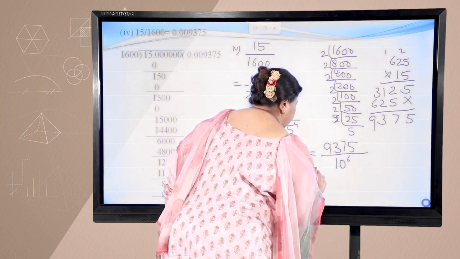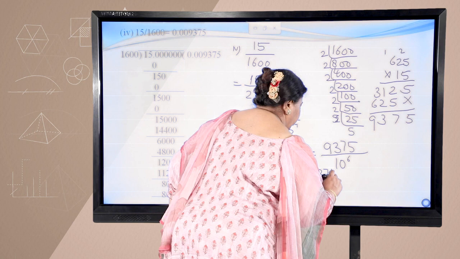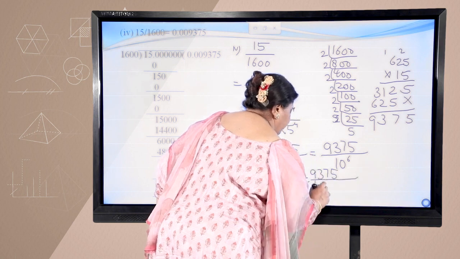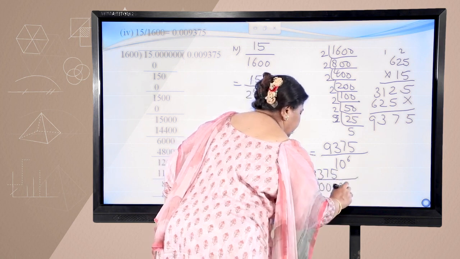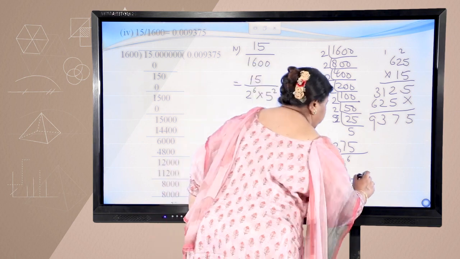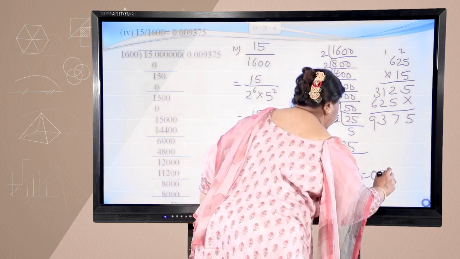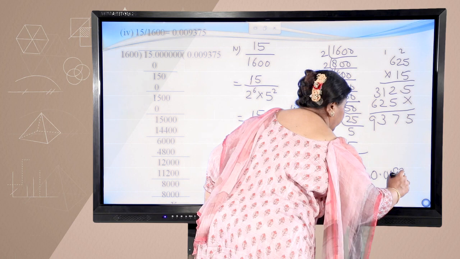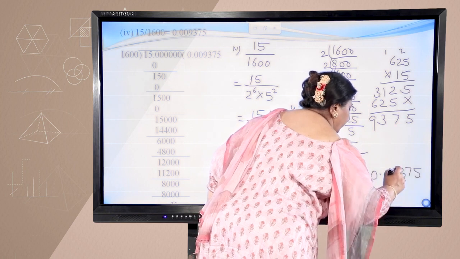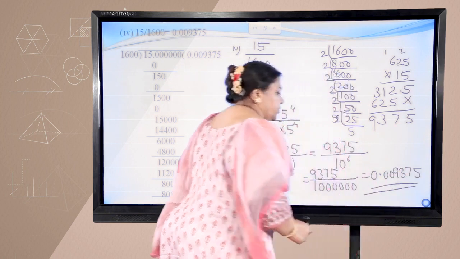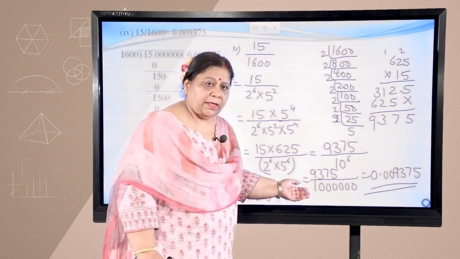That means 9375 divided by 1 followed by 6 zeros, which can be written as 0.009375. So, students, I hope you have understood this method.